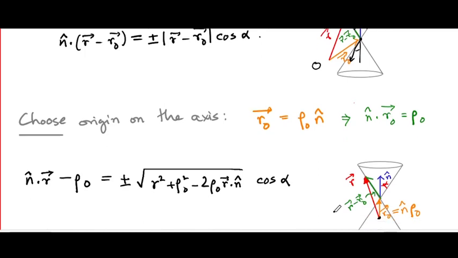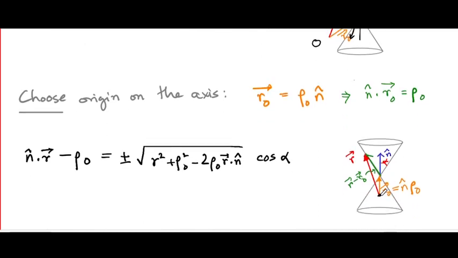So with that choice, with the origin chosen here, this equation simplifies a bit. n dot (r vector minus r0 vector) becomes n dot r minus n dot r0, and n dot r0 is of course rho 0, this distance. On the other side, you have mod of r minus r0, and since r0 is given by this, the length of the vector is simply given by the length of the vector r squared plus length of r0 squared, which is rho 0 squared, minus twice r0 into r dot n hat.